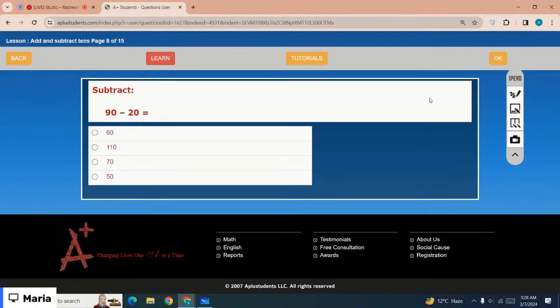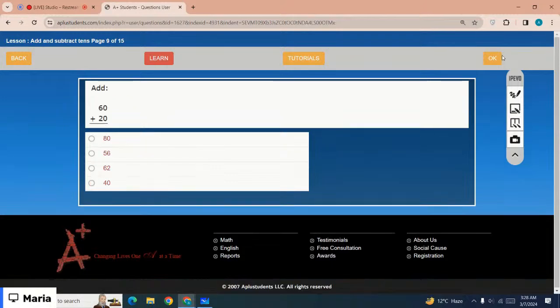Very good. 60 plus 20 equals 80. The correct option is 80. Option number 1 is the correct option, right?